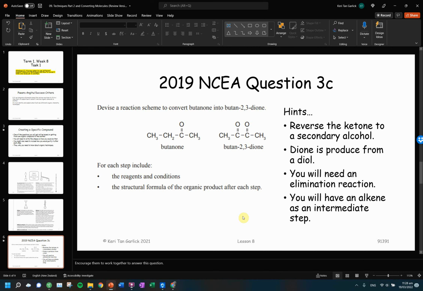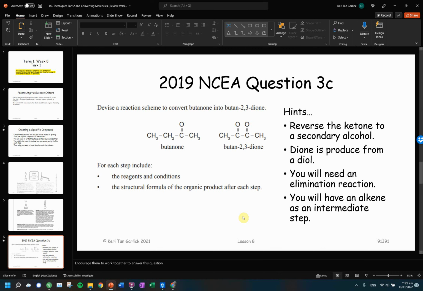So what we will notice in this question here, I'm just going to start writing it down on my piece of paper and then I can switch to the document camera, is that we're trying to convert butanone, which is a 4-carbon chain with a carbonyl on carbon number 2, and we're trying to convert it into butane-2,3-dione, which is basically a diketone.